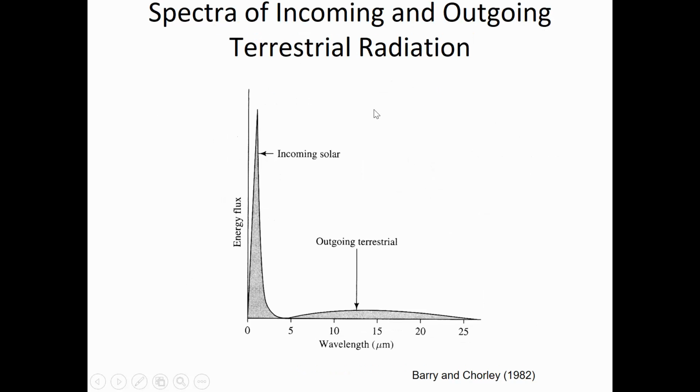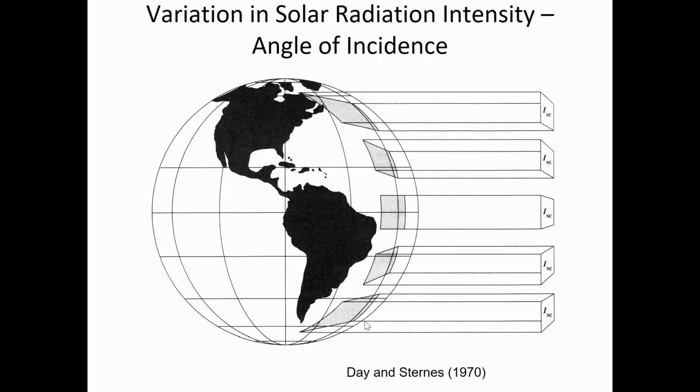Now there are some patterns to the incoming solar radiation being short wavelength, outgoing radiation being long wavelength. And there are variations based on the shape of the Earth's surface. And this is a nice diagram because it shows if you have radiation coming from the sun, and this is representing maybe, think of it as a square meter.